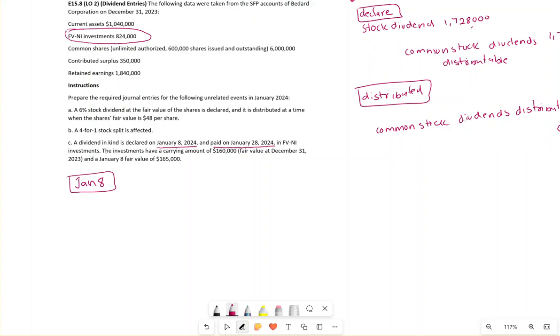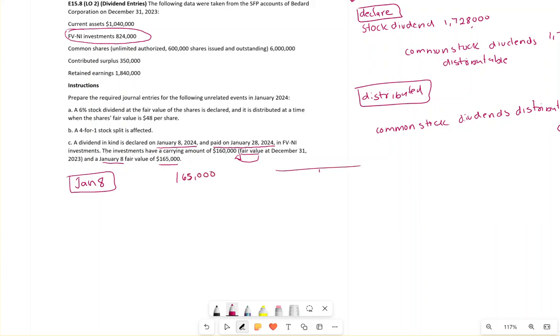This was the fair value on December 31st, and the fair value on January 8th was 168. So what is the question asking you? We declared a dividend in kind of 165,000.